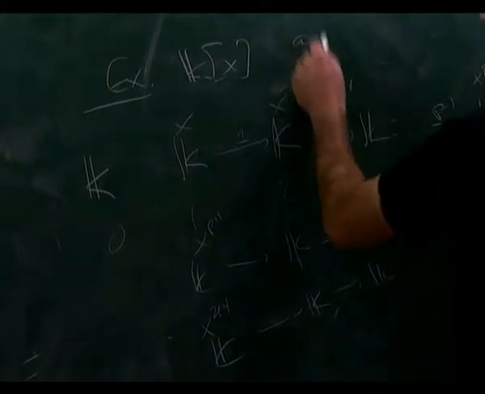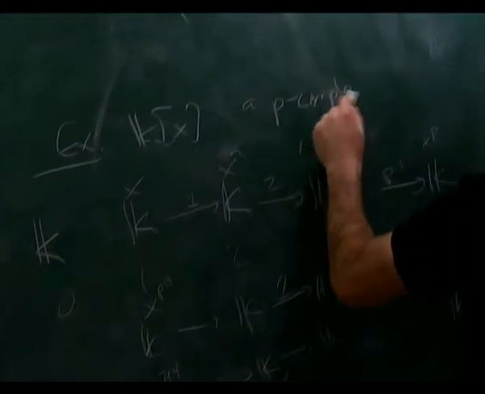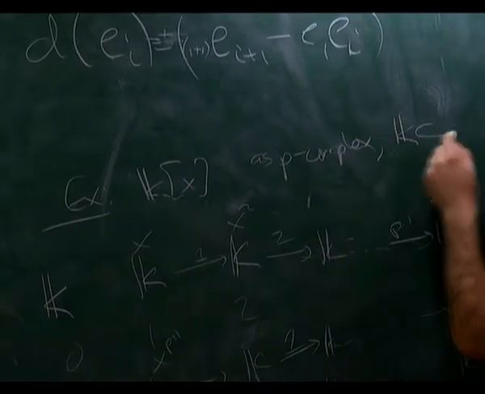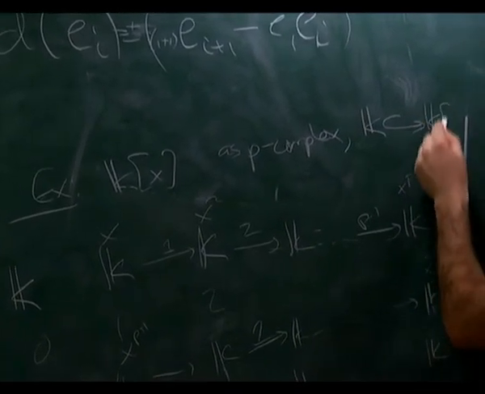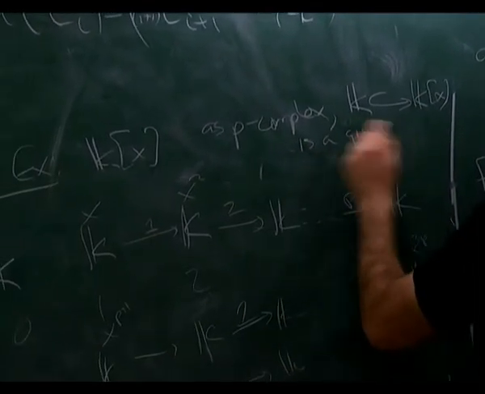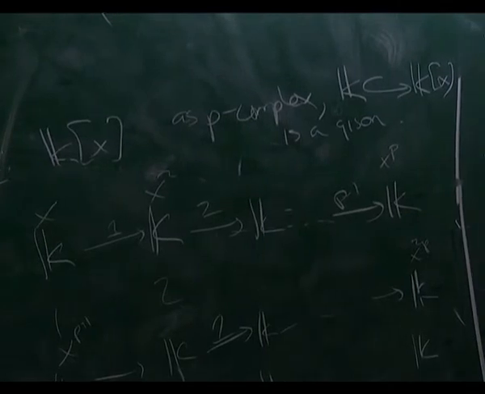As a p complex, the inclusion of the identity subring inside this is a quasi-isomorphism. When you cross out all this stuff, all that's left is the identity.